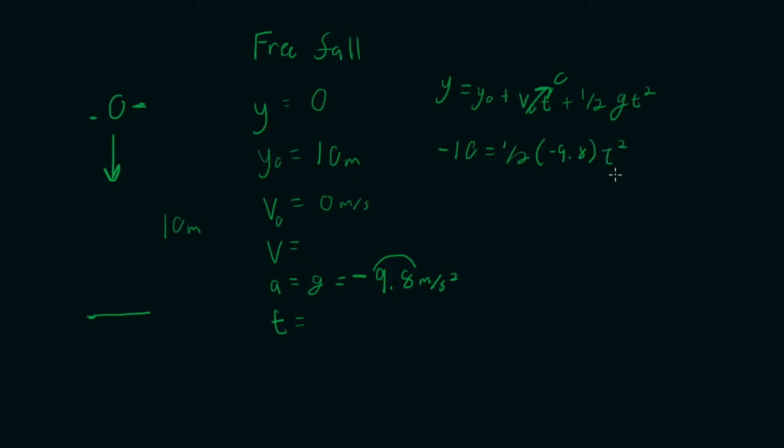And I can figure out what is the time that it's going to take to fall. 1/2 of negative 9.8 is 4.9. And so I can take negative 10 divided by negative 4.9 equals t squared. And then I can take the square root of that and get myself the exact value for t. And when I do that, I get time equaling 1.43 seconds.